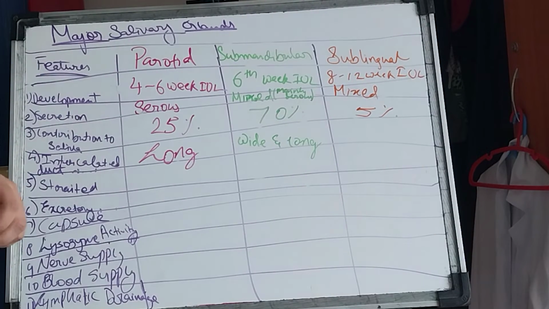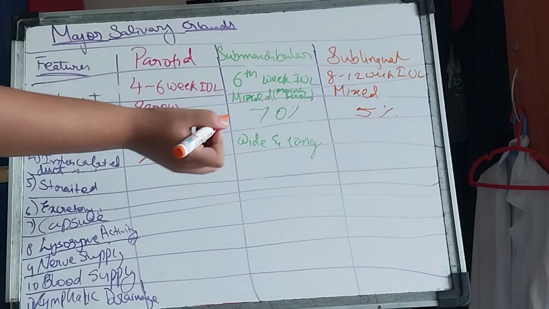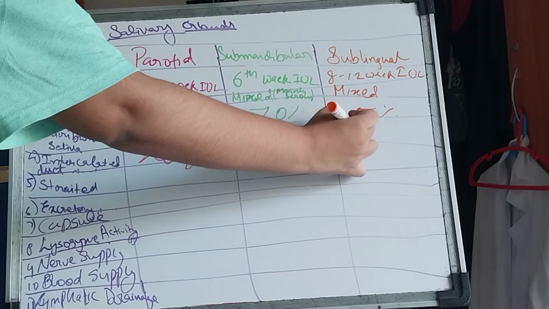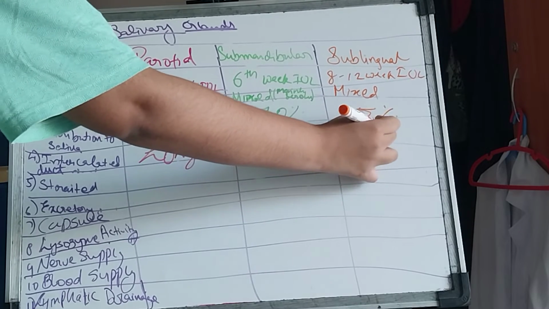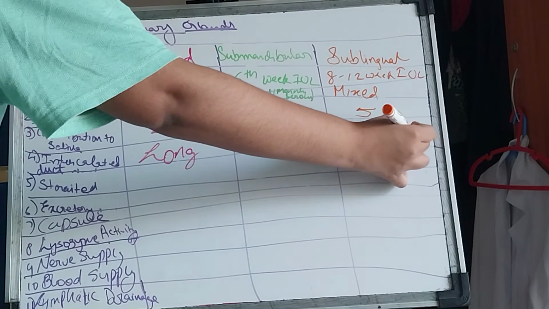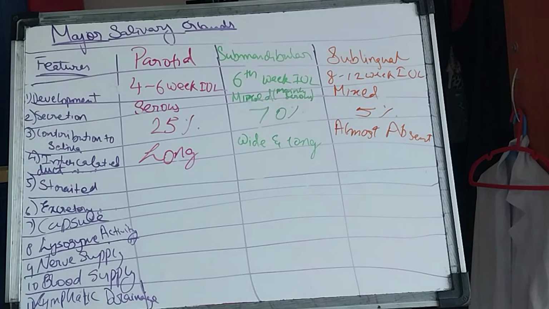For the sublingual, it is not even present. Okay, it is almost absent. Okay, coming on to the striated duct. In the parotid gland, it's long again.